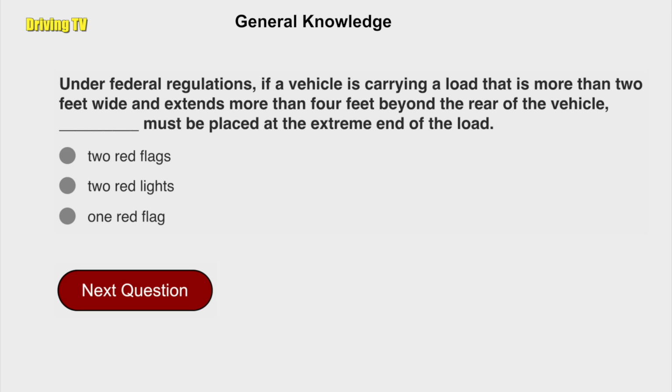Under federal regulations, if a vehicle is carrying a load that is more than 2 feet wide and extends more than 4 feet beyond the rear of the vehicle, must be placed at the extreme end of the load. 2 red flags.